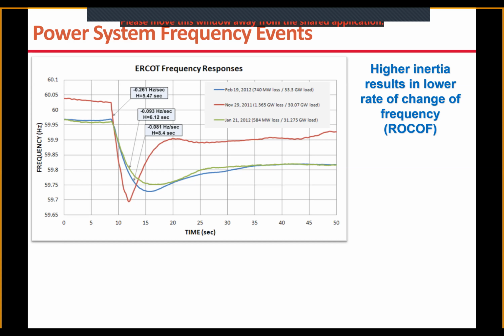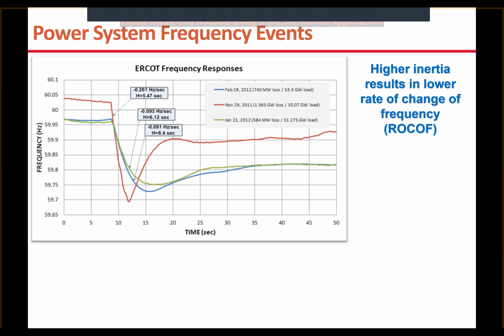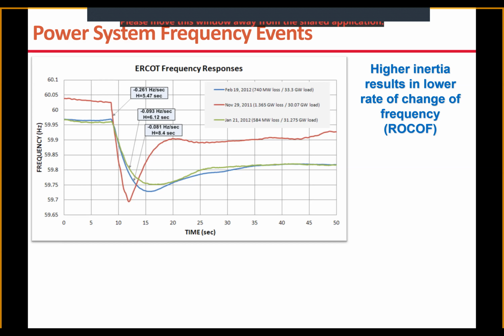When we lose a lot of generation, we can see the frequency drop and the roll-off is more severe, much quicker compared to the other cases. And also we have a much lower frequency nadir.